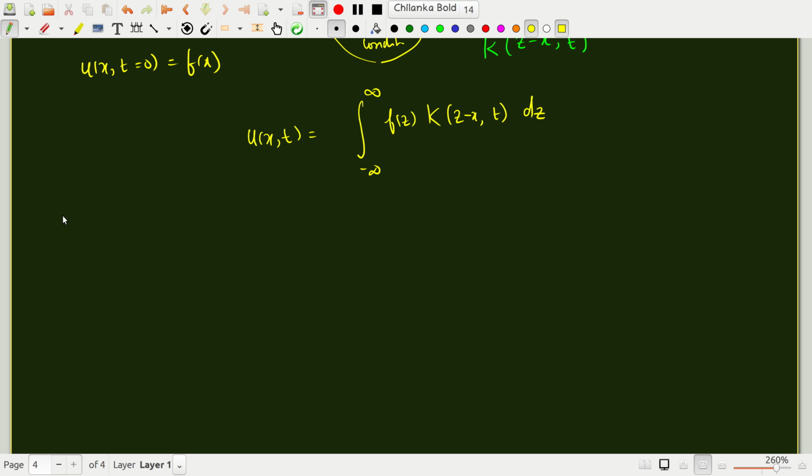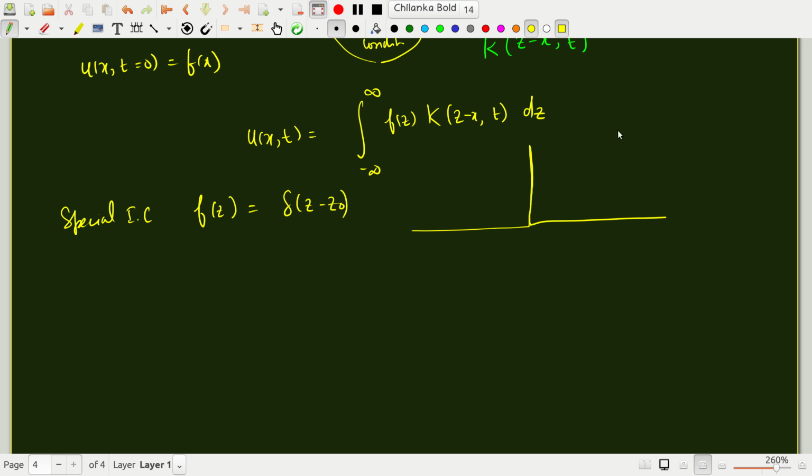Now let us take a special initial condition where f of z is nothing but delta of z minus z naught. That is, you have a delta function input, a sharp pulse.